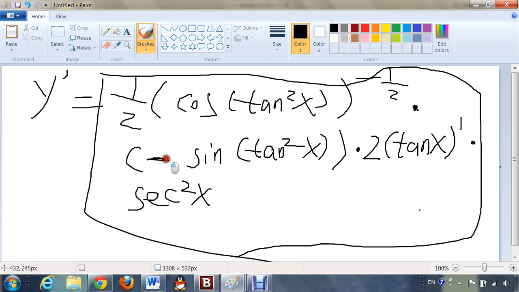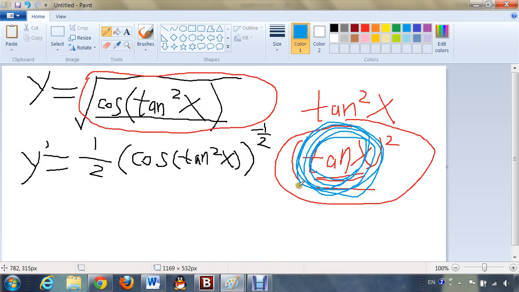So you just multiply all the derivatives together. And when you look back at the question, you may think, oh hey, tangent x is not the most inner part, shouldn't that x be the most inner part? Because, right, tangent of something, so x is that something.